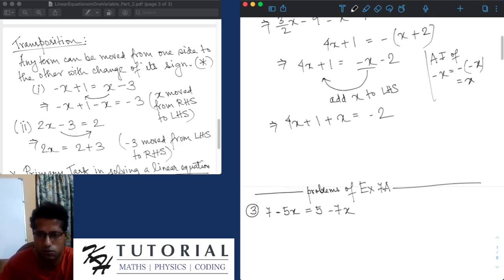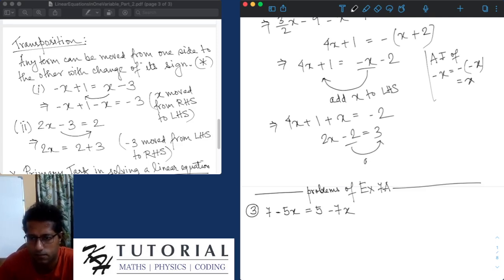Let me quickly show an example. Let's say we have 2x minus 2 equals 3. Now if we want to transpose this to the RHS, we will add 2 to the RHS, and this will become 2x equals 3 plus 2.